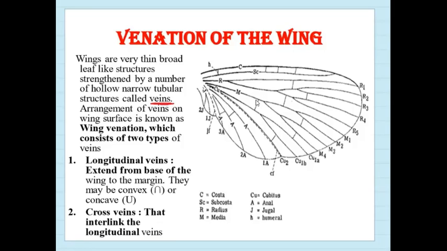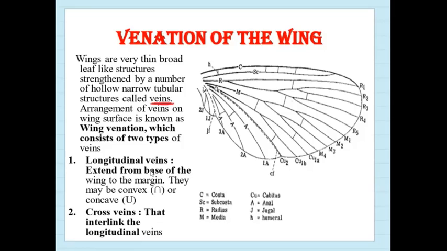The arrangement of veins on the wing surface is known as wing venation, and it consists of two types of veins.